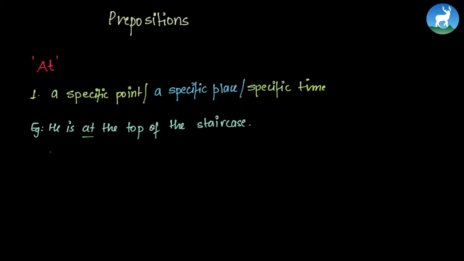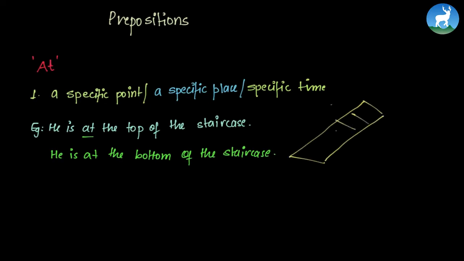Or we can say, he is at the bottom of the staircase. Let's imagine this is a staircase and a person is standing here, we can say he is at the bottom of the staircase. And if the person stands here, we can say he is at the top of the staircase.